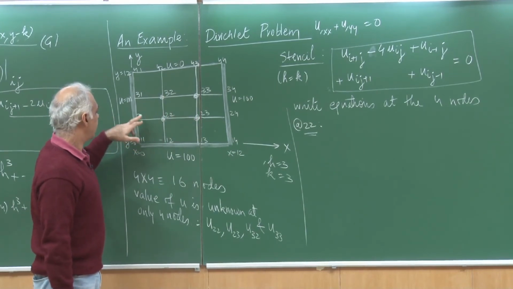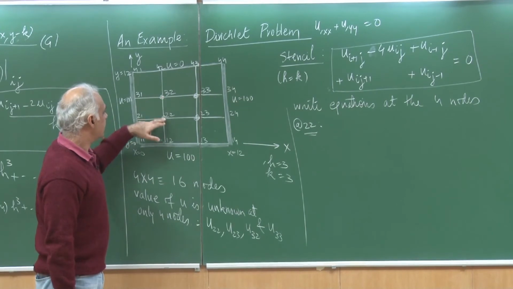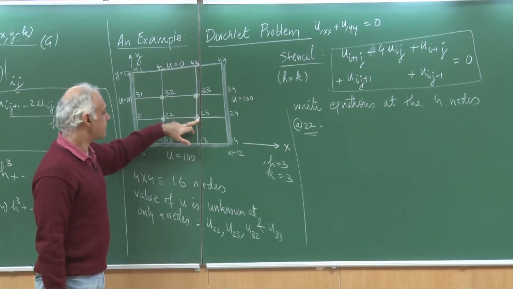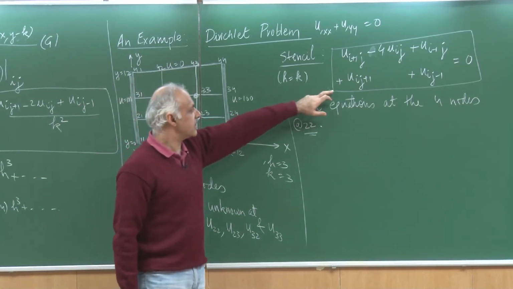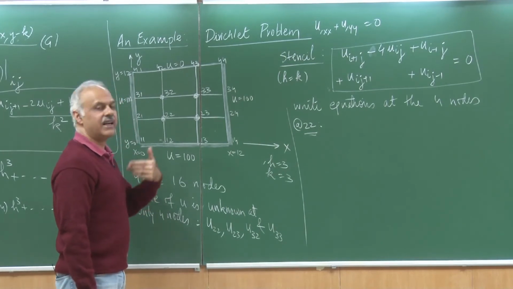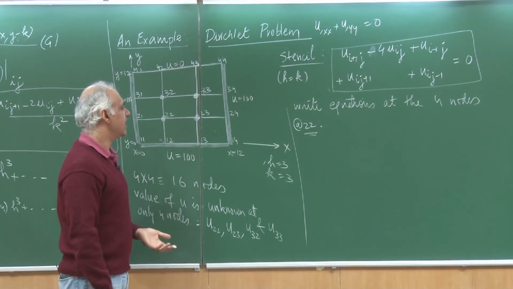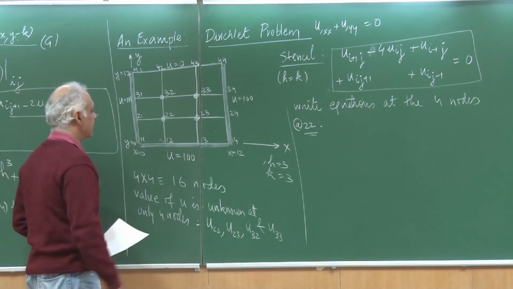Many of them actually lie on the boundary, so these values are known to me, and only these 3 values are unknown. So, when I substitute in this equation, the known values I can take to the right, and only leave the unknown values. Let us write down the equation here first.